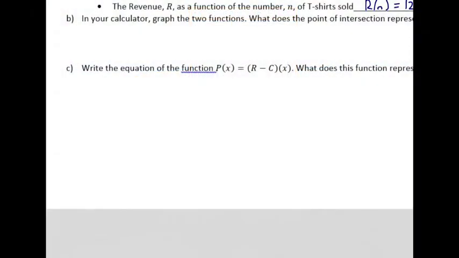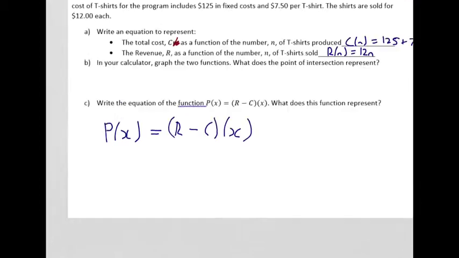Can you write me the equation of the function P of x equals R minus C of x? What would that look like? P of x equals R minus C of x. How would I get that function? What would it look like? Yeah, right.